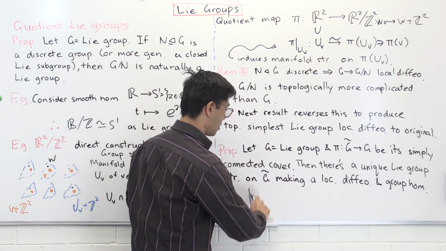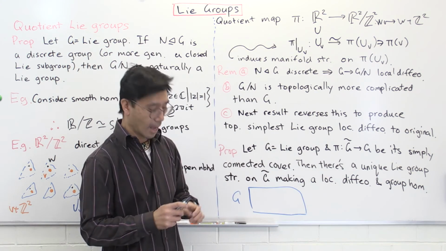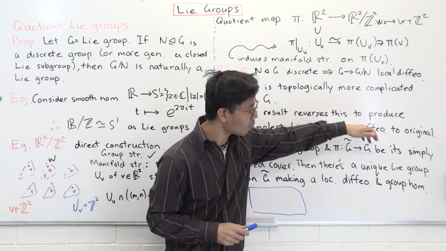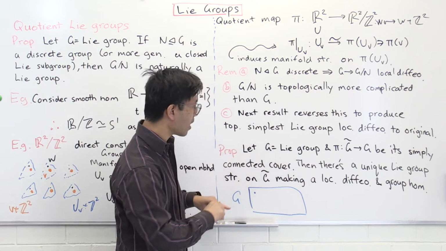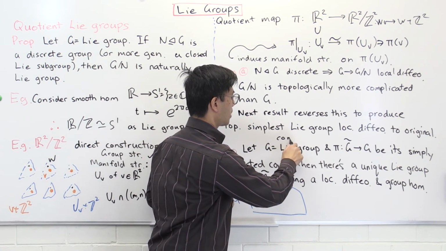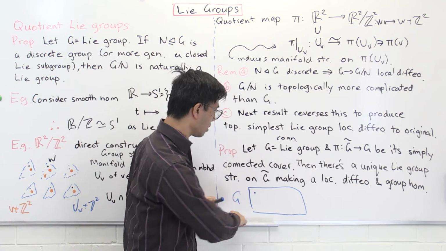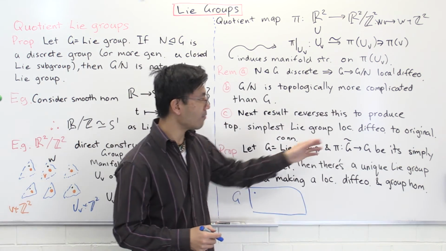So suppose you have G here, and then what is its simply connected cover? Maybe I should do this for a connected Lie group, but this is not a big deal. What's one way to form the simply connected cover?